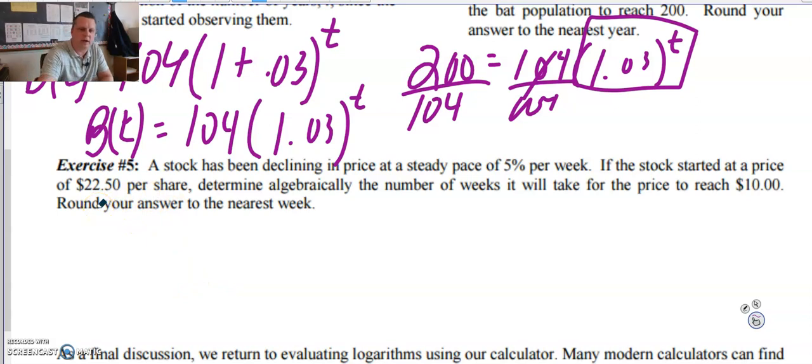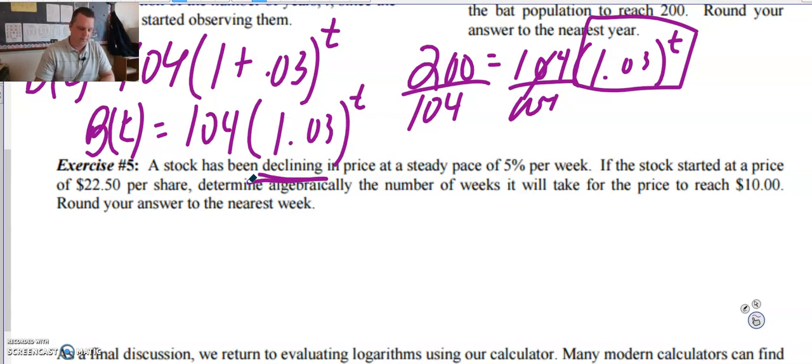Exercise 5. Now we are talking about decay because it's declining. The stock has been declining in price at a steady pace of 5% per week. Remember, the t I told you doesn't always have to be years. It could be weeks, hours, months, whatever. The stock started at a price of $22.50 per share. Determine algebraically the number of weeks it will take for the price to reach $10.